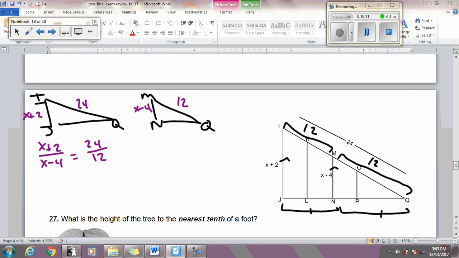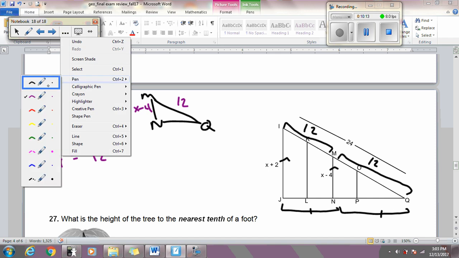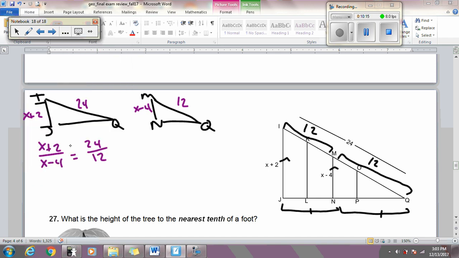So now we can cross multiply to solve for x. So 12 times x plus 2 is going to give me 12x plus 24, and that's equal to 24x minus 48. Sorry, 96. Minus 96. 48 is by 2.